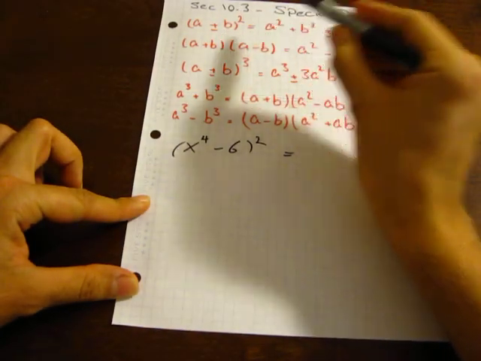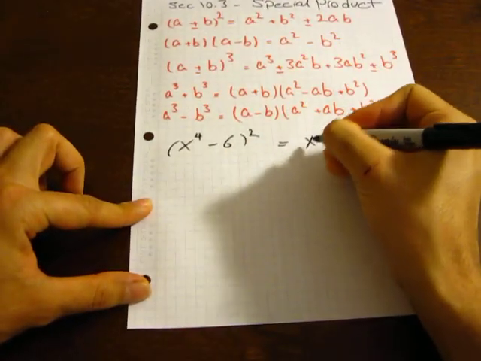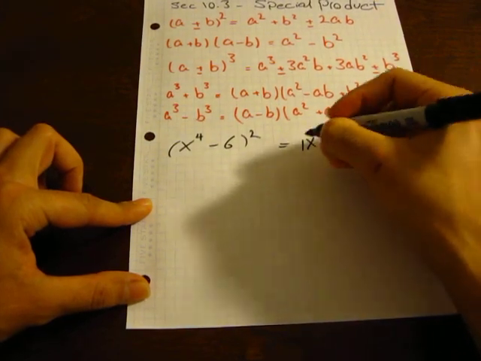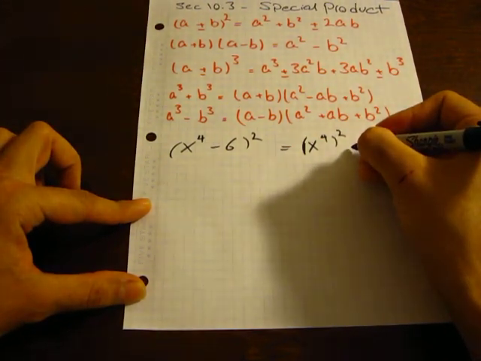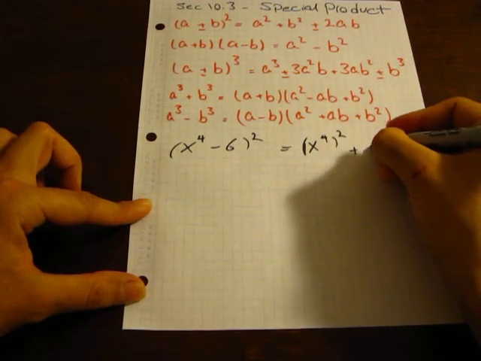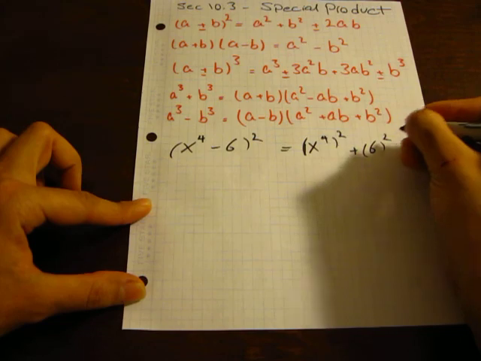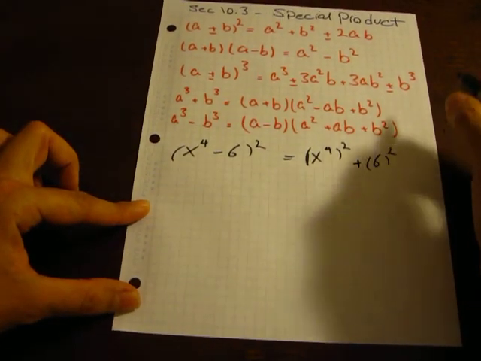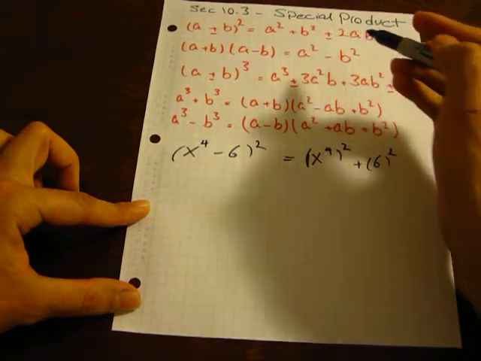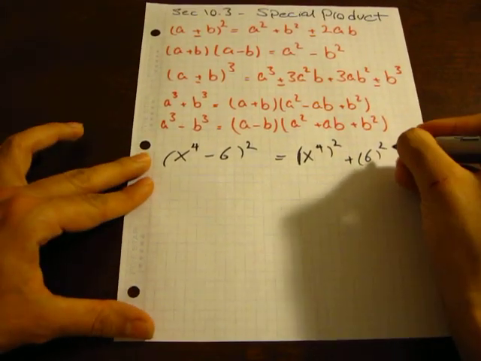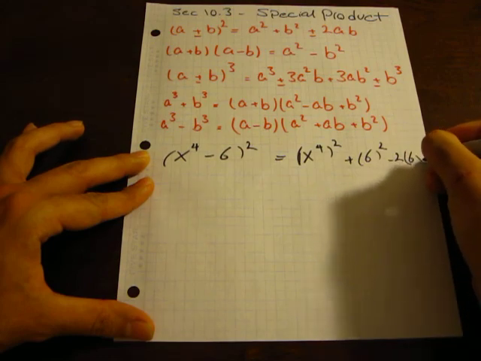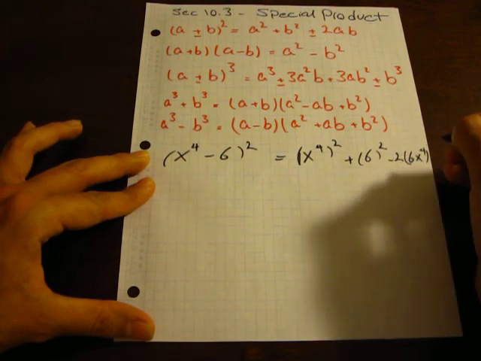So first term to the power of 2, which is x to the 4 to the power of 2, plus the second term to the power of 2, which is 6 to the power of 2, and then here is negative, so negative 2 times the first term times the second term, so negative 2 times 6 x to the 4.